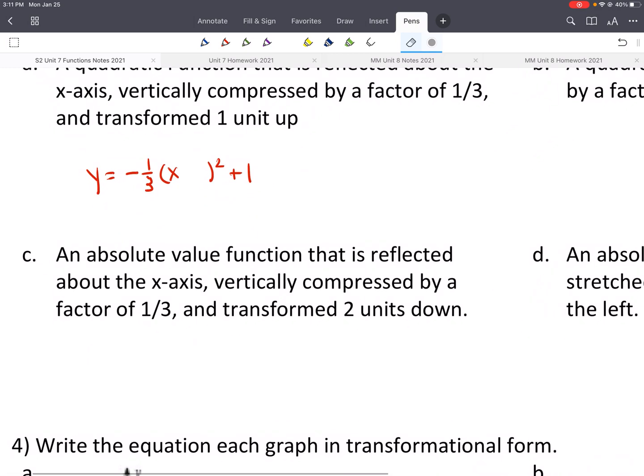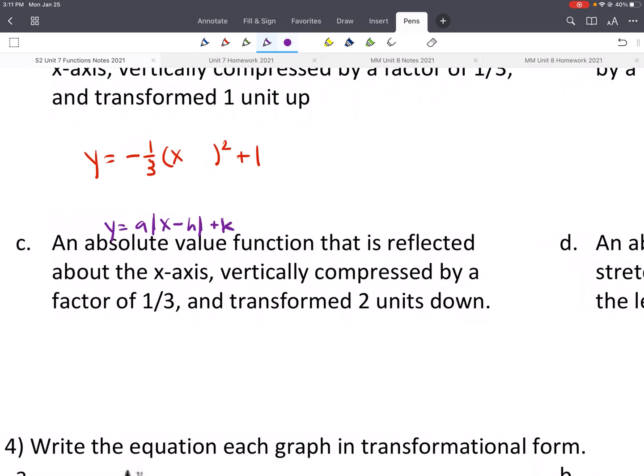Okay, for C, they want us to do an absolute value function. So it's going to be something like this, y equals a absolute value of x minus h, and then plus k. One thing a lot of people forget is, absolute value function does not use an exponent. It's not squared or anything, okay?